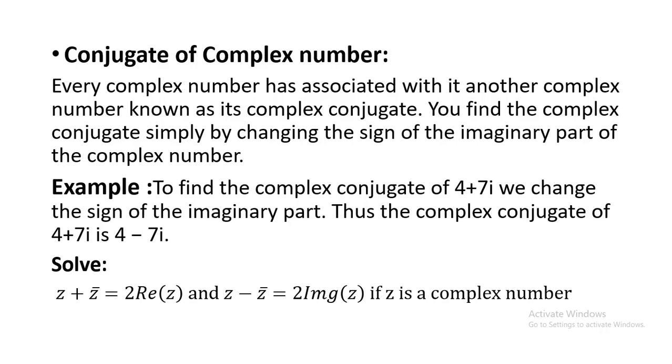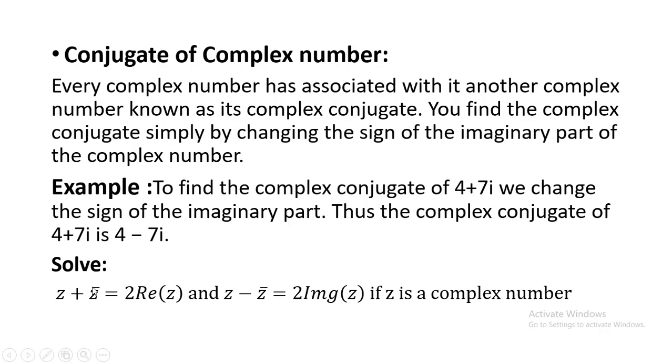It says that, first of all, z plus z bar equals twice the real part of z, and z minus z bar equals 2 times the imaginary part of z, if z is a complex number. Now what they're trying to tell you here: when you say that you will be calculating the conjugate, how will we know we need to find the conjugate if the word itself is not written?